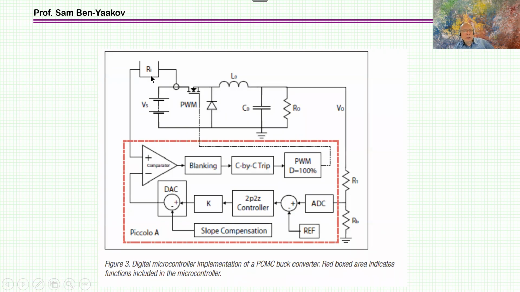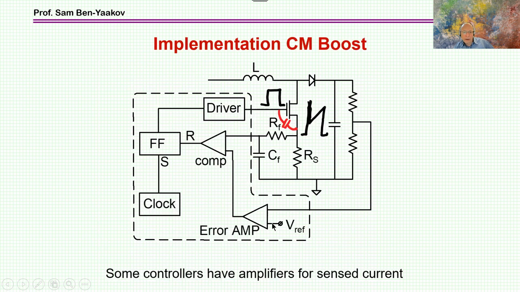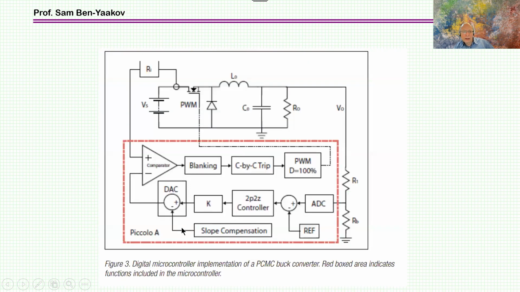So rather than doing that, what they did here, they put a comparator, which is an analog one, and of course, there's no problem of resolution here. But you see that the reference to it here, this value here, is coming from a digital to analog converter, and you see there is a blanking here.